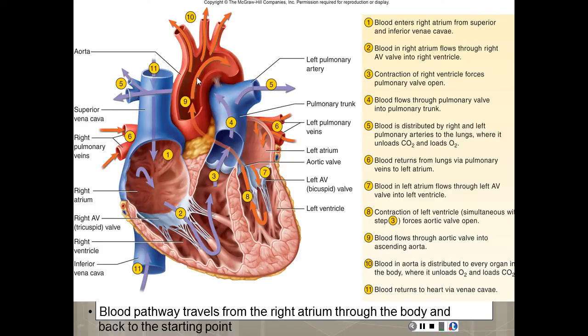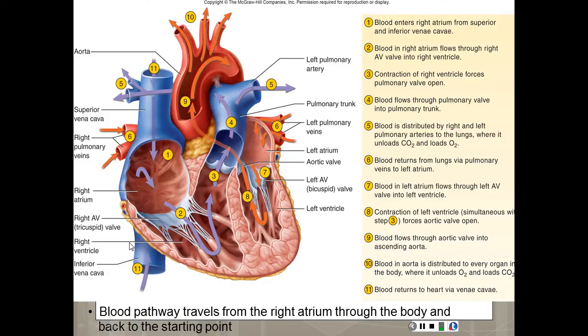The blood is then distributed to the various organs of the body, whether these will take it to the upper extremity, or the aorta, which continues way down and starts branching off, will take it to the organs and to the legs, where it will unload the oxygen and pick up the carbon dioxide that is being built up in those extremities, and then return it to the heart via our superior and inferior vena cava.